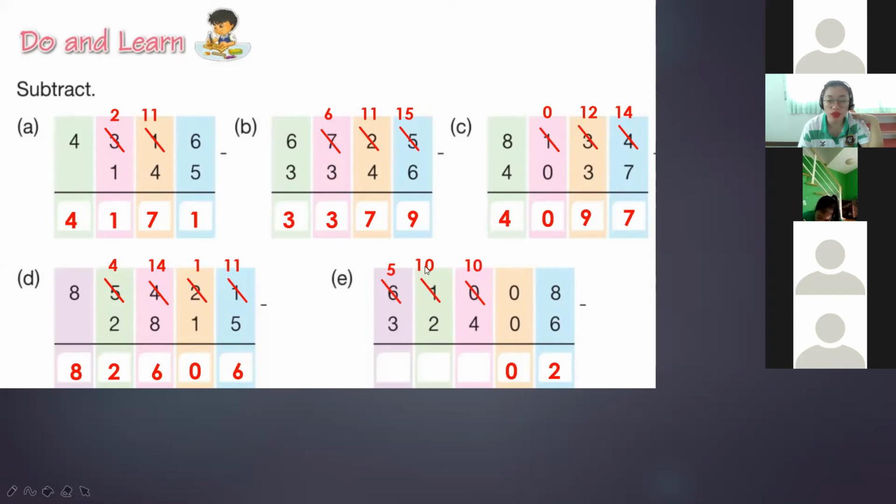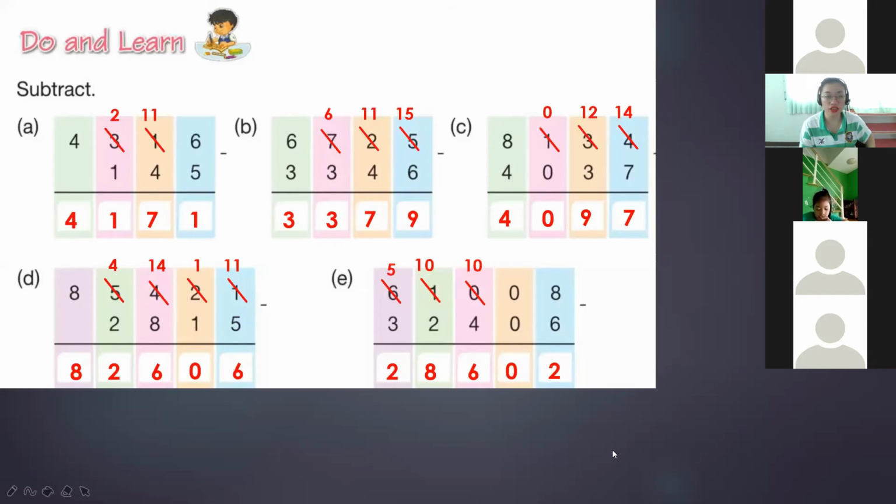So 1 will become 0 and 0 will become 10. So 10 minus 4 is equal to 6. And 1 became 0, so we have to borrow from 6. So 6 becomes 5 and 0 becomes 10. So 10 minus 2 is equal to 8 and 5 minus 3 is equal to 2. So the answer in letter E is 28,602.